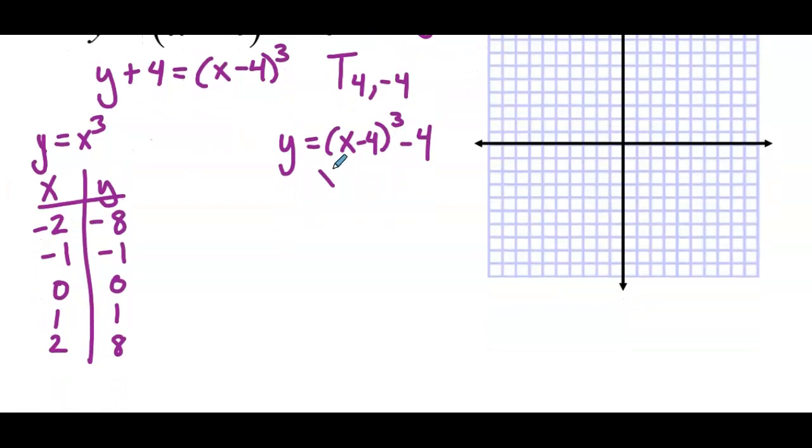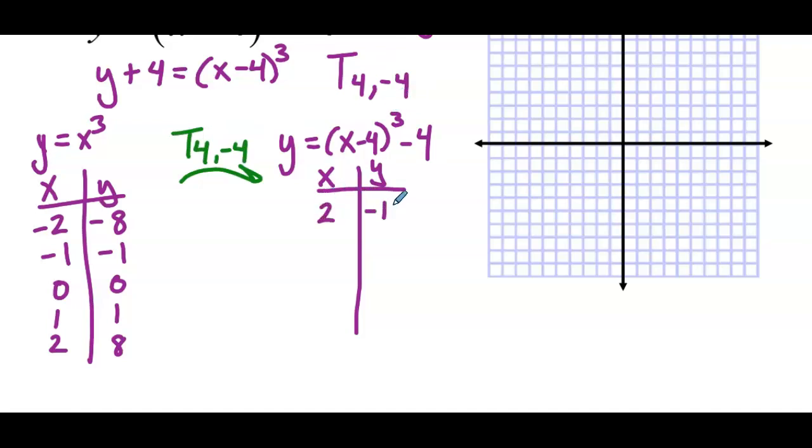Okay, so let's apply that translation of 4, -4. So we're going to add 4 to the x's, subtract 4 from the y's. So we get 2, -12, 3, -5, 4, -4, 5, -3, 6, 4.